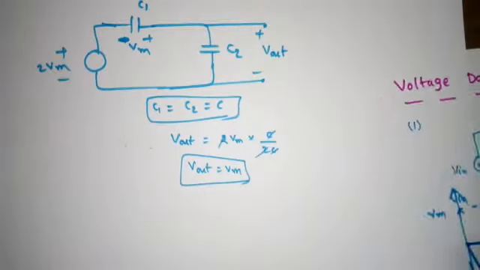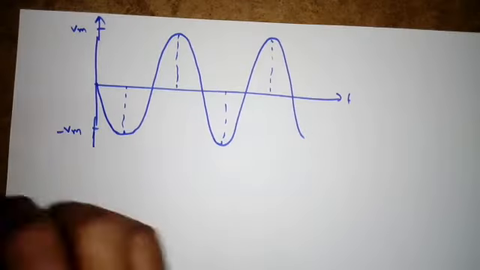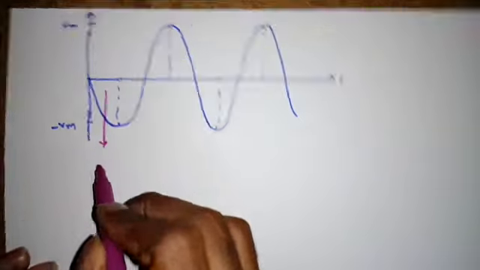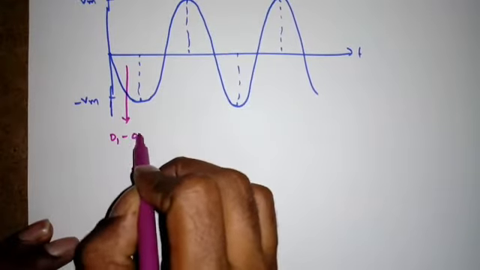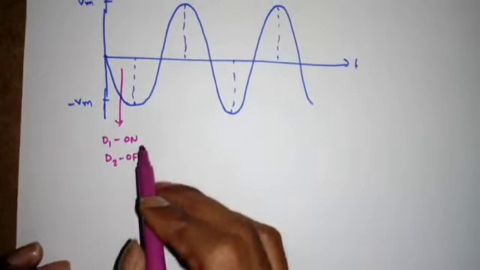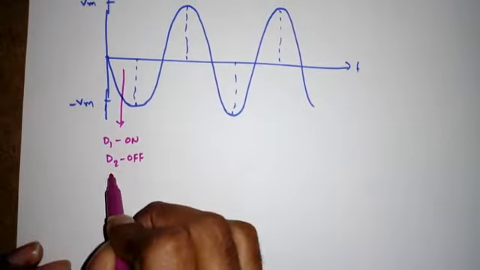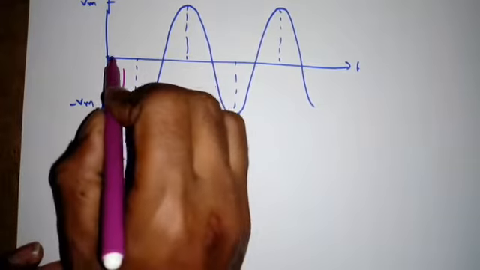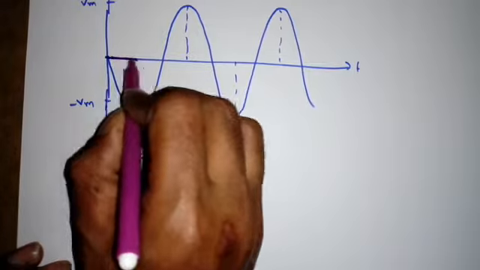So if I draw the waveform, something like this. Up to this condition, D1 on, D2 off, right? That means D2 off means VC2 will be 0, which is also equal to V out, right?